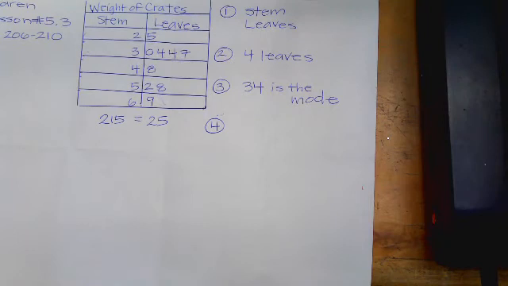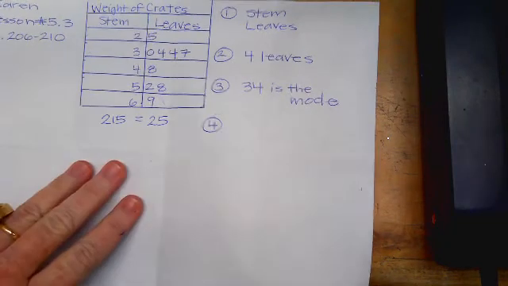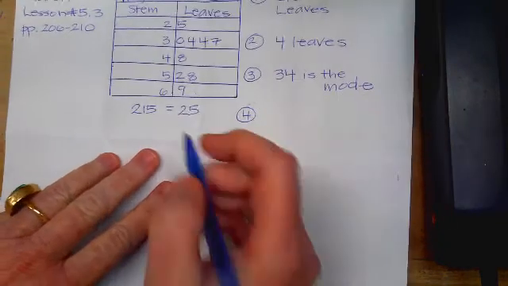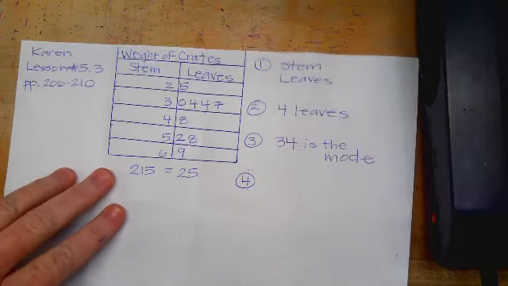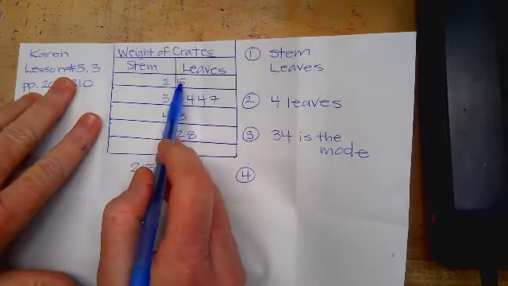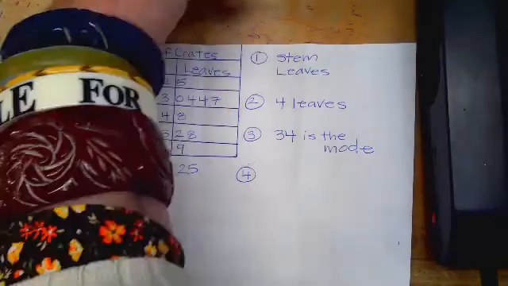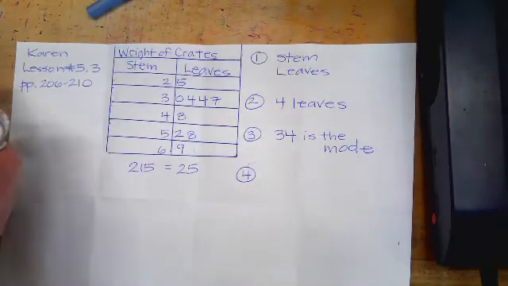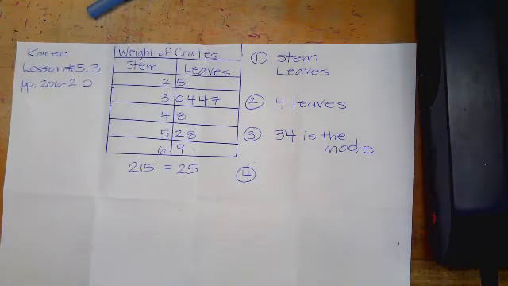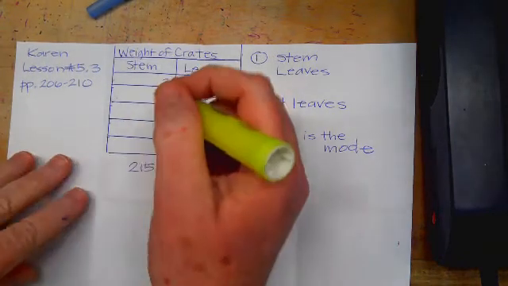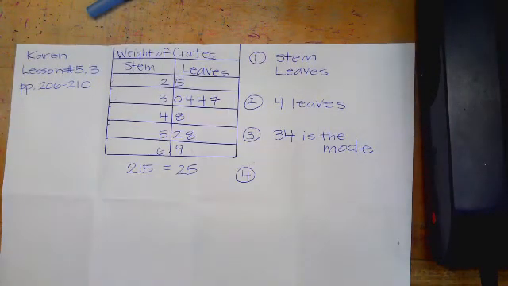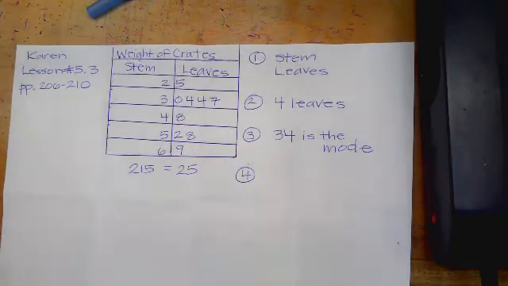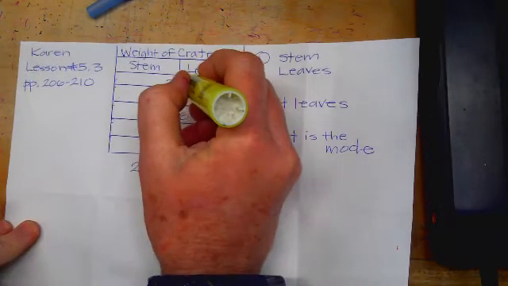Okay, let's look at number 4. Number 4 says the median of the set of data is blank pounds. Okay, so we're going to find the median. We have 25, and we can use a highlighter to do this. So remember median, you put them in order from least to greatest.